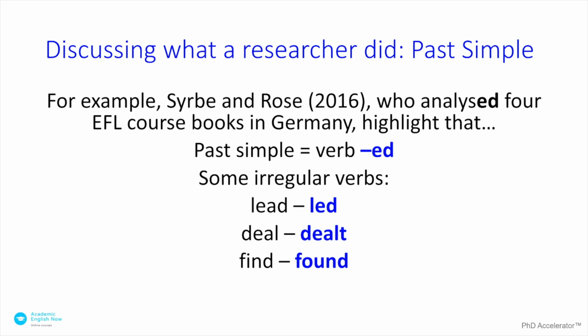This past simple is most typically used when we talk about what a researcher did. In other words, to talk about the methodology of a particular study. We don't use past simple to talk about the writer's position, what is generally true, what the results were and things like that. We very often use it to talk about the methodology of a particular study.